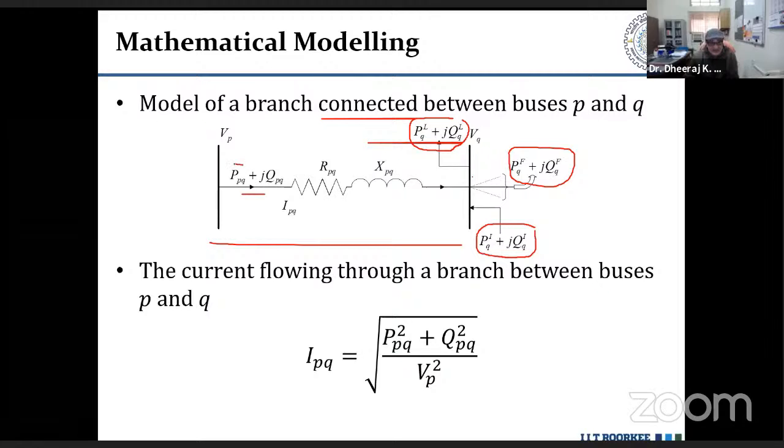So basically this power is equal to losses in the branch plus load plus flow to other branches minus injected power. So now we can suppose current is IPQ. Current we can express with the help of this power flow by this expression.